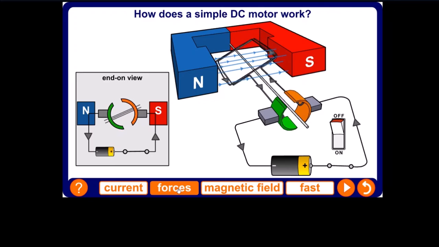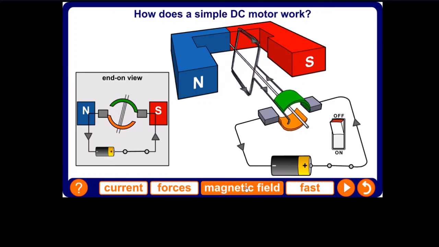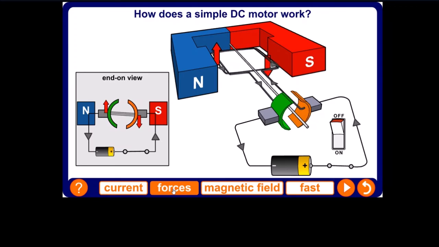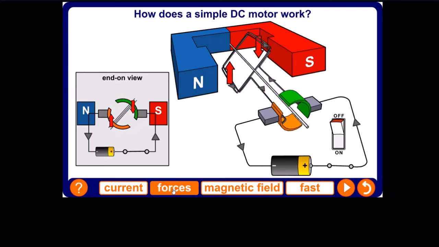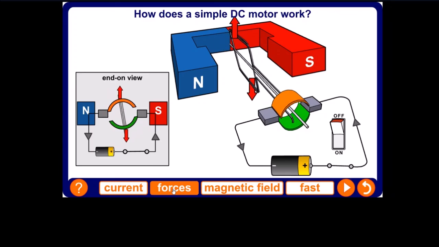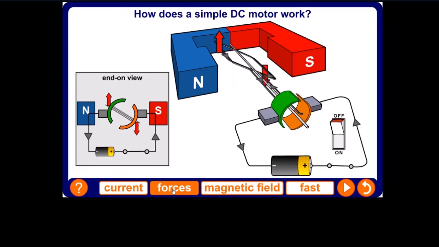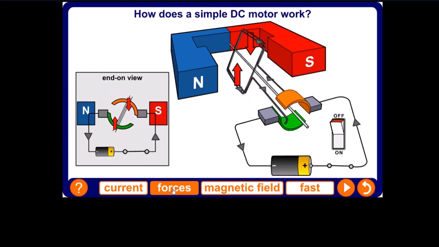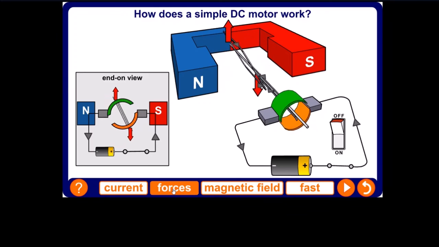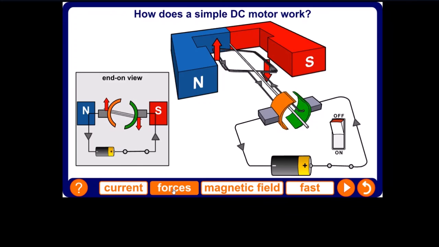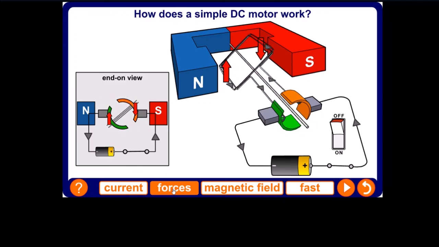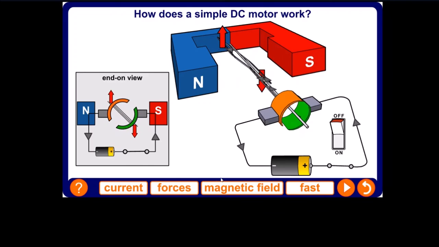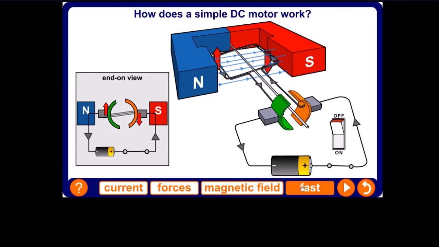And what that means, I'm just going to get rid of the magnetic field for a minute to make it easier to see, is that the forces on each side of the coil are swapping every half a turn because the current is swapping direction. So whichever side of the coil is on the right-hand side always has a force downwards, and whichever side of the coil is on the left-hand side always has a force upwards. Hence, it causes our coil to spin.